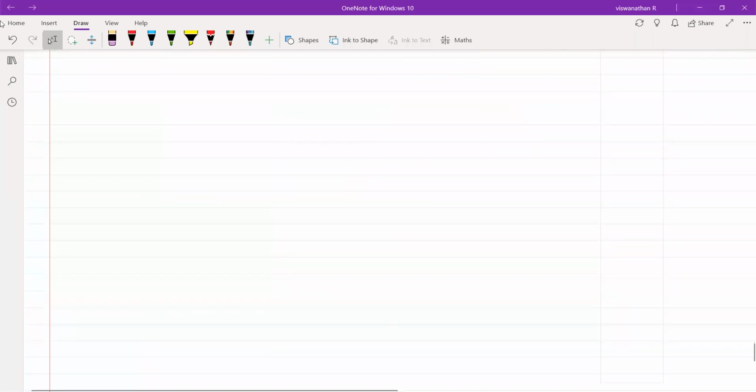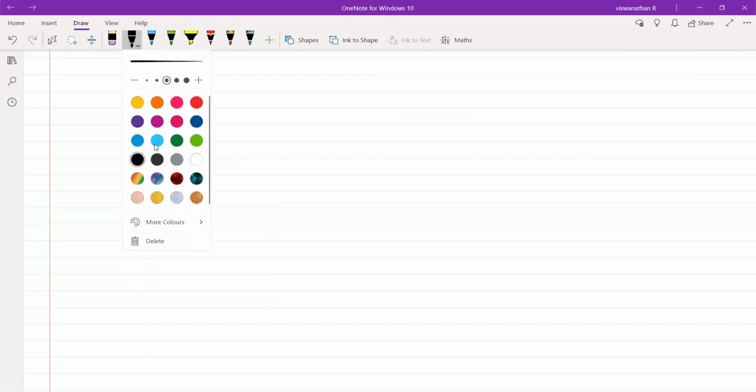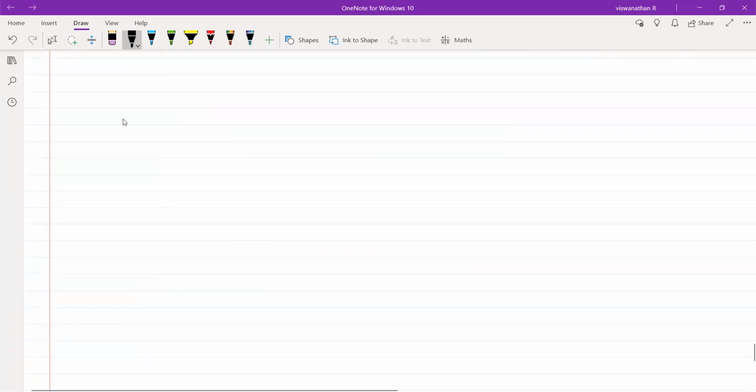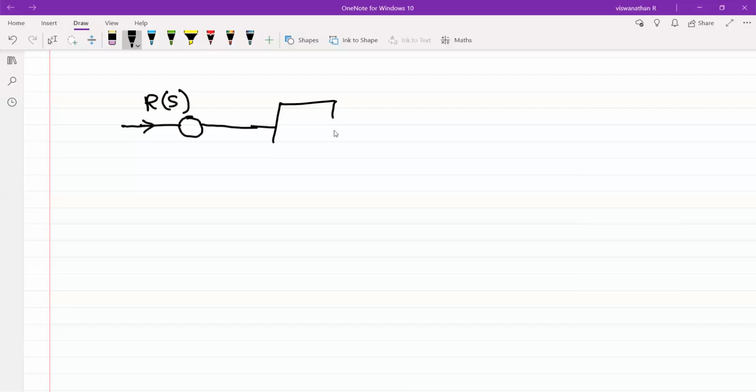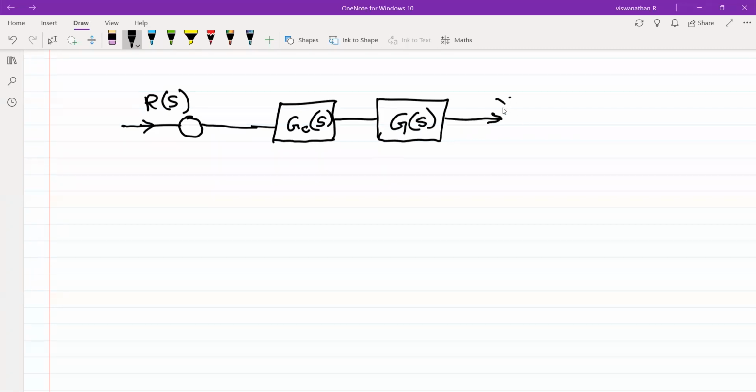So suppose you have an input which is called R of S, and then you have this comparator, and then you have the controller which is called GC of S, and then you have the plant of the system, which we call G of S. This will have an output called Y of S, and then you take a feedback from this.